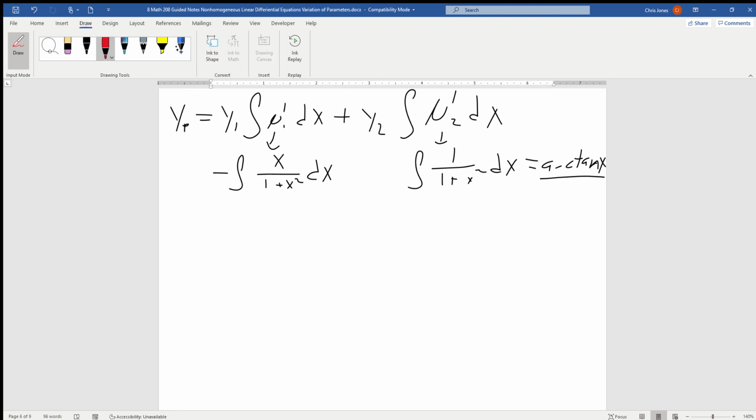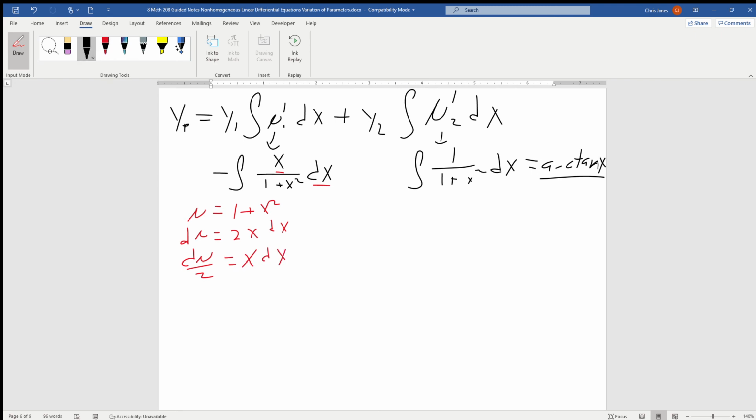Over here, it's a u sub. We're going to let u be equal to the denominator, 1 + x^2. du = 2x dx, which is really close to what we want because we have an x dx. We just want to get rid of the 2, so we're going to divide both sides by 2.